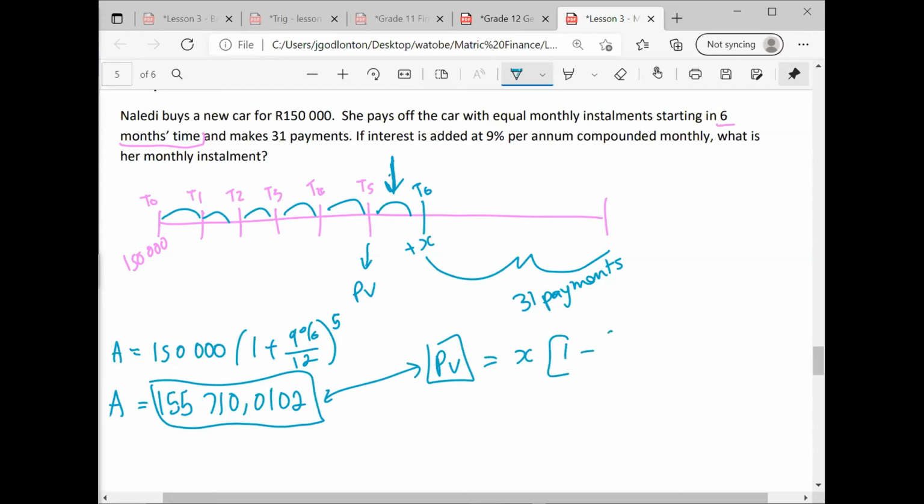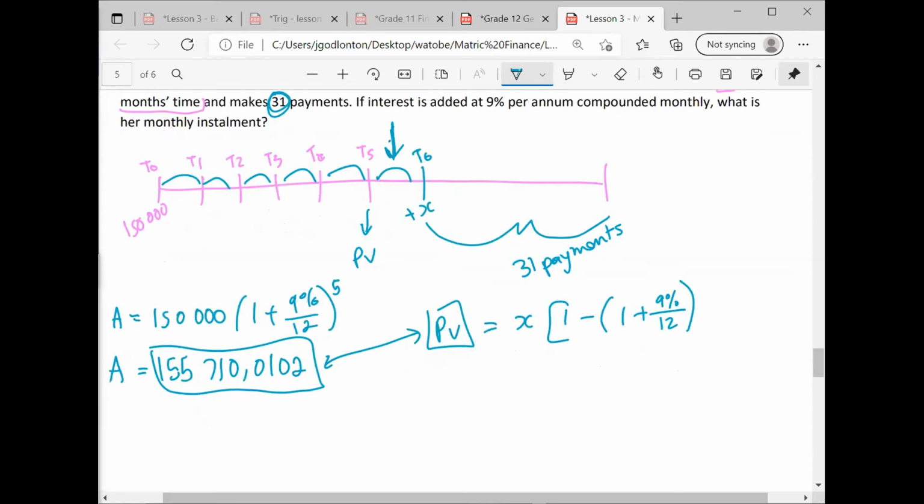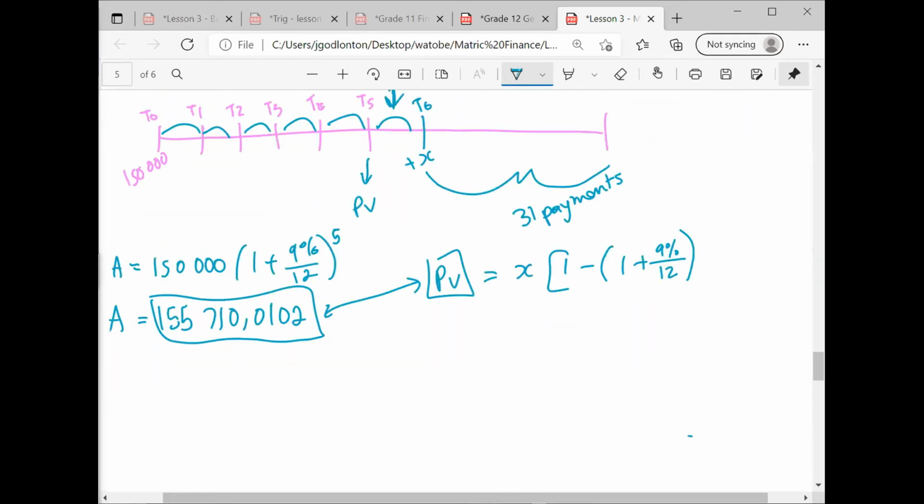We have 1 minus 1 plus our interest rate, which is 9% compounded monthly. Our time, they already told us there are 31 payments. So that's going to be to negative 31. And all of that is going to be over our interest rate of 9% over 12.